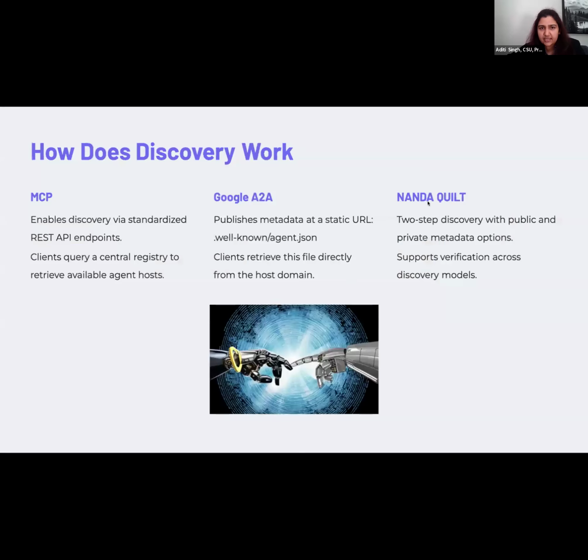Now, next slide, please. If you look at these three blocks, I believe they show the different phases of discovery evolution. It starts with A2A discovery, where agents publish a simple JSON file on their domain, so it's easy to implement, but it lacks some dynamic features and verifiability. The second phase is MCP, which introduces RESTful APIs and searchable registries so clients can query a central service to find and retrieve agent metadata in real time.